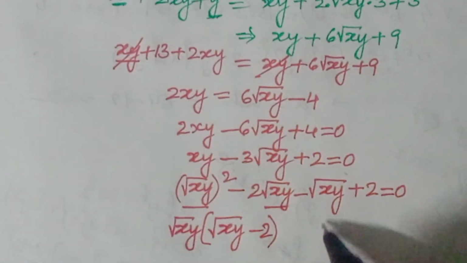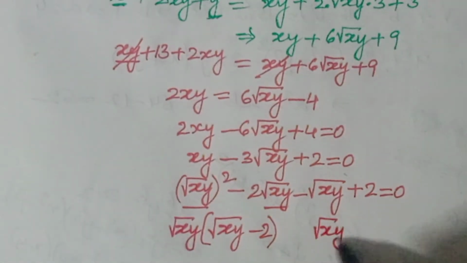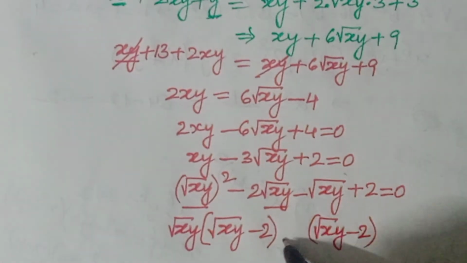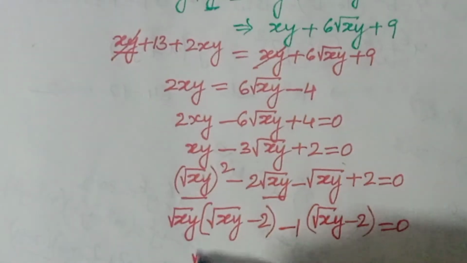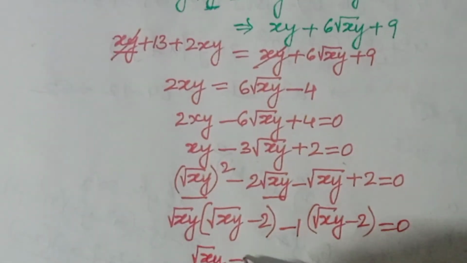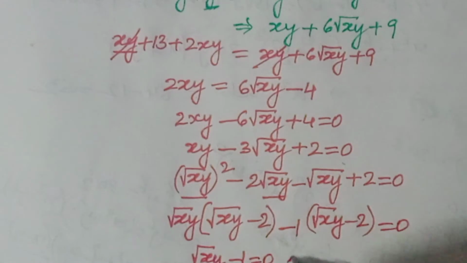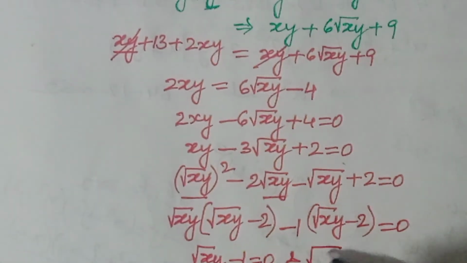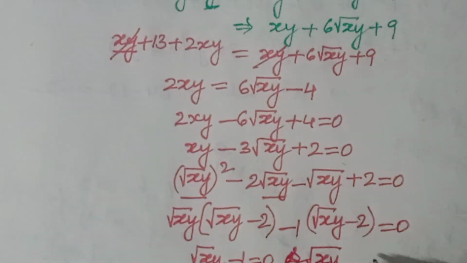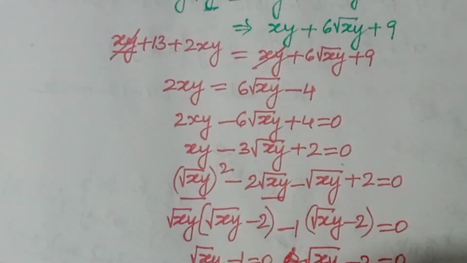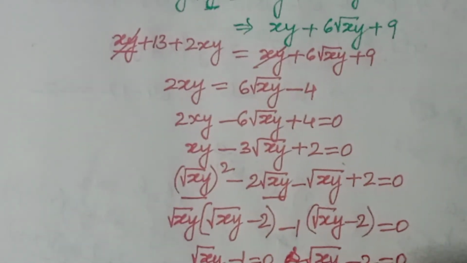Here also you can take root xy minus 2, so here you will get minus 1 equal to 0. So root xy minus 1 equal to 0 and root xy minus 2 equal to 0. So root xy means here xy is equal to 1, squaring on both sides, or xy is equal to 4.